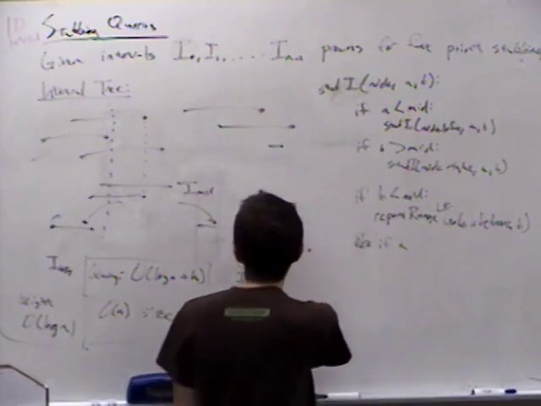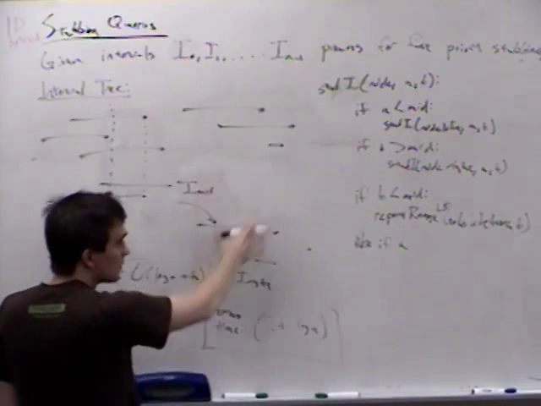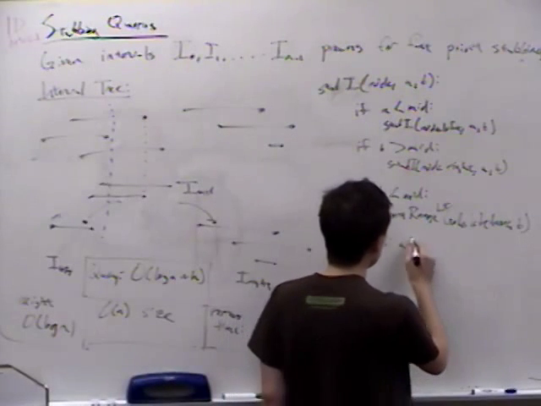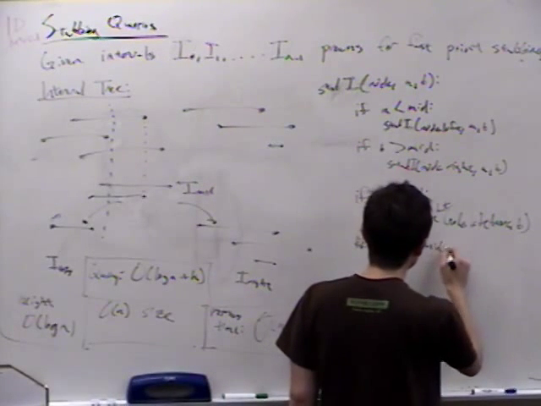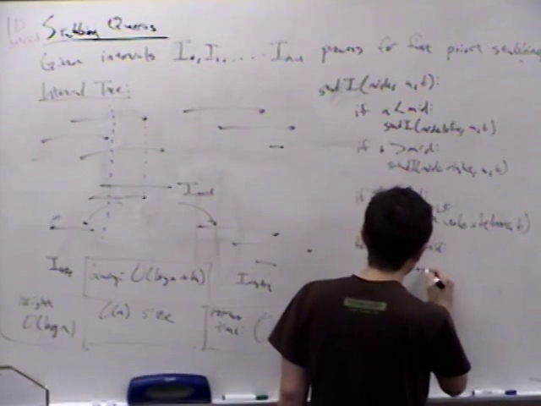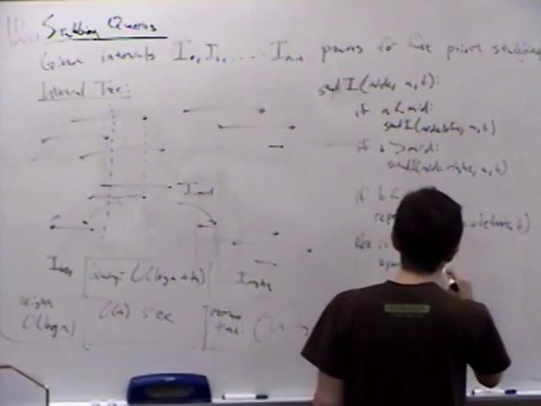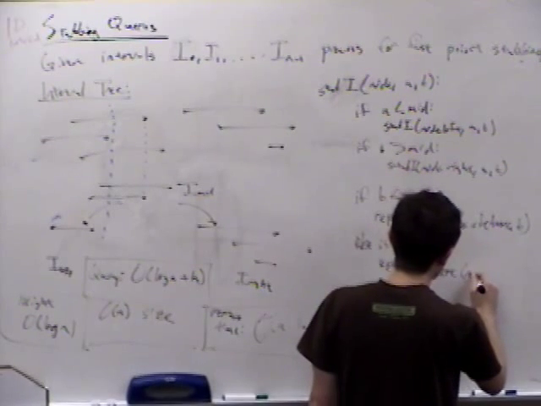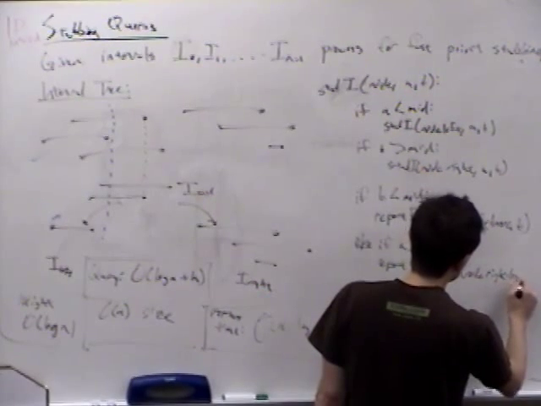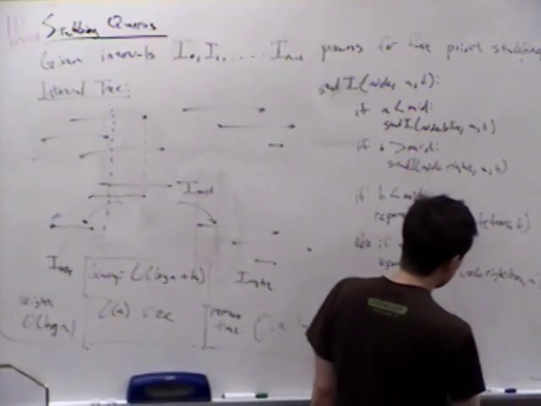Otherwise, if this interval happens to be to the right of the midpoint, then we'll do the search on the right associated tree. So this would be if a is greater than mid, then we'll do report range GT node dot right assoc a.